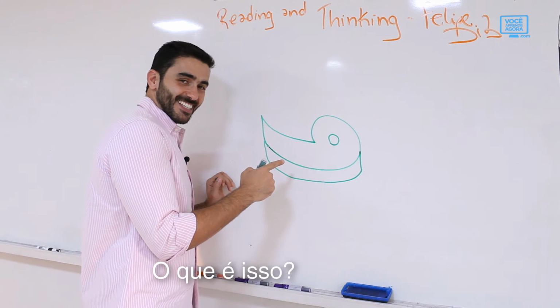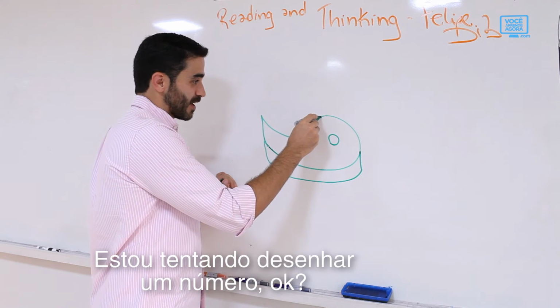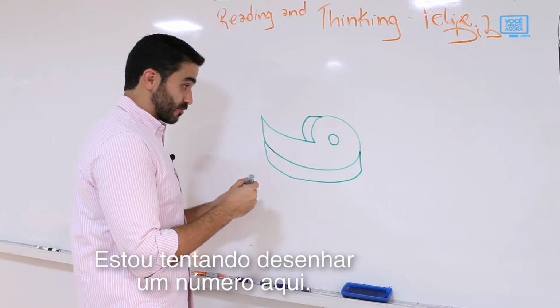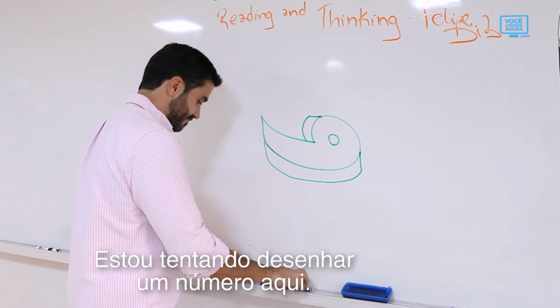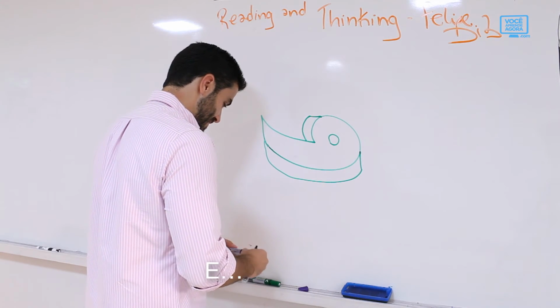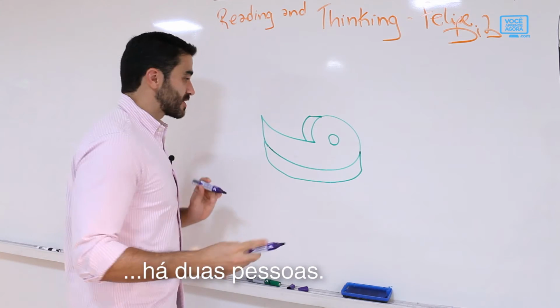What is this? I am trying to draw a number, okay? I'm trying to draw a number here. And there are two people.